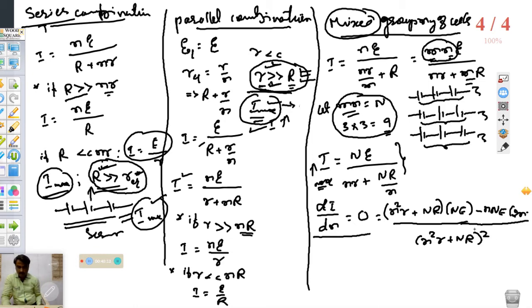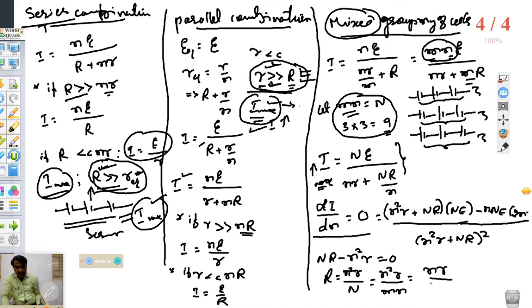So here Nr minus n square R is equal to 0. Hence r we can write as n square R divided by N, which can be written as n square R divided by m into n. So n gets cancelled, and we get nR divided by m, which implies mr is equal to nR.